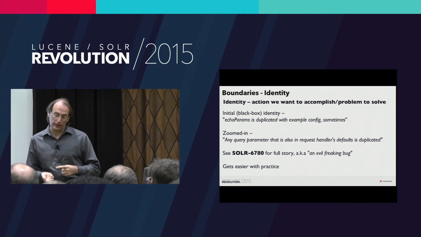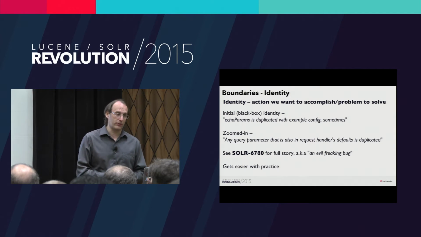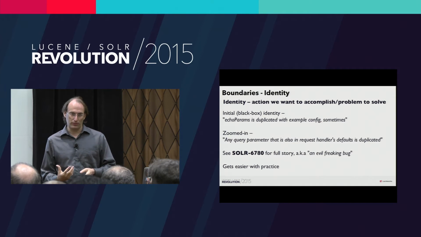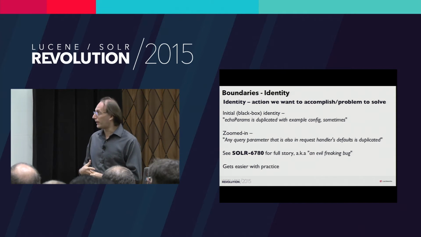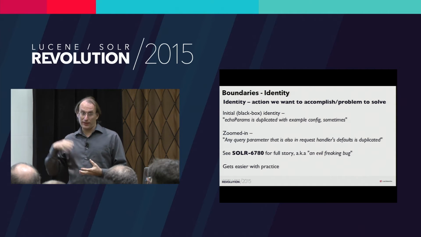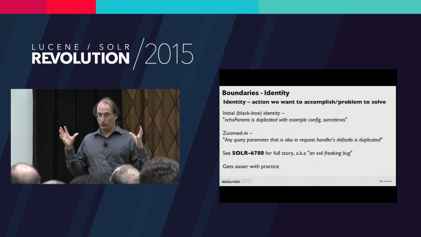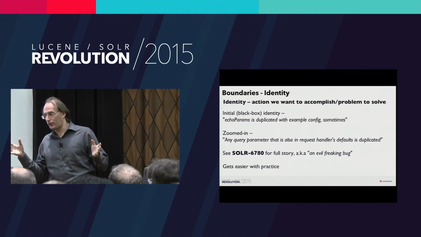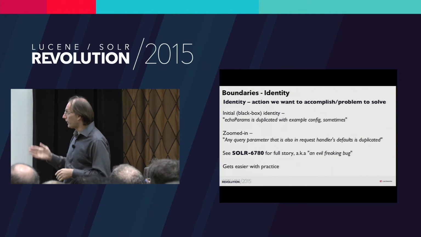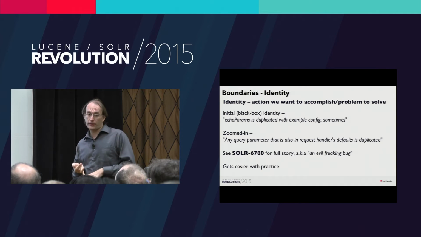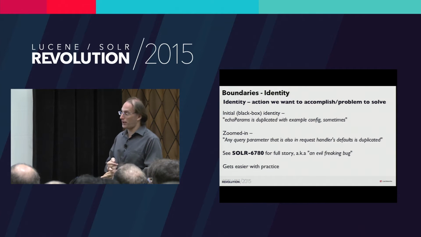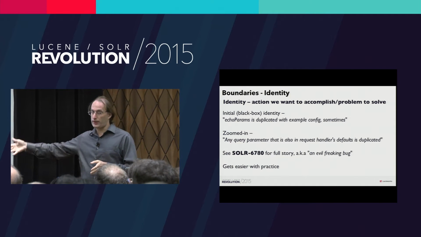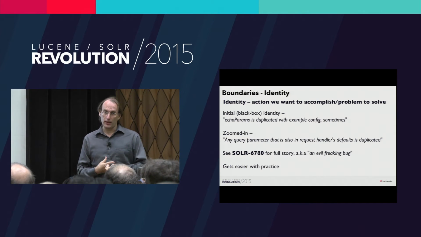I was seeing that for my own examples when I was starting the book. So I started to drill in, and I actually applied my own techniques to that. It turned out that the initial definition was incorrect. It was both too narrow in some ways and too general in another. The final definition was that any query parameter, so not just echo params, any of them, that's also in the request handler's defaults would get duplicated.